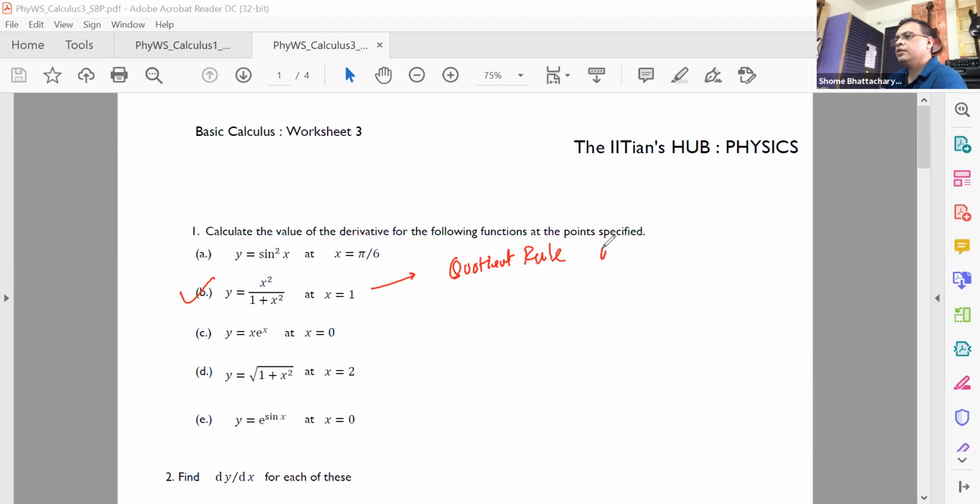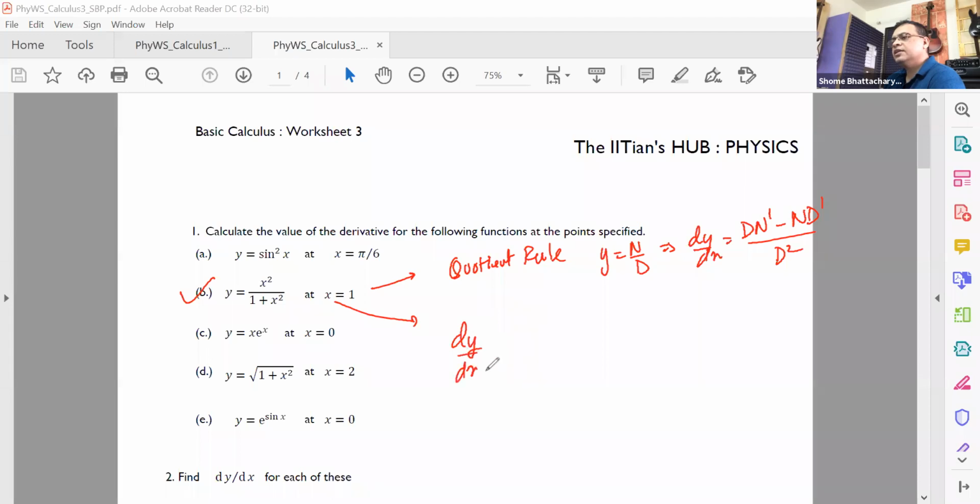If y is some numerator divided by denominator, then dy by dx should be denominator into differential of numerator minus numerator into differential of denominator, divided by denominator square. So let's apply that over here.